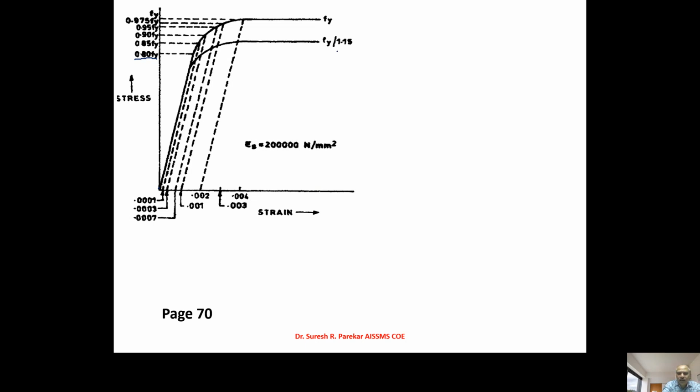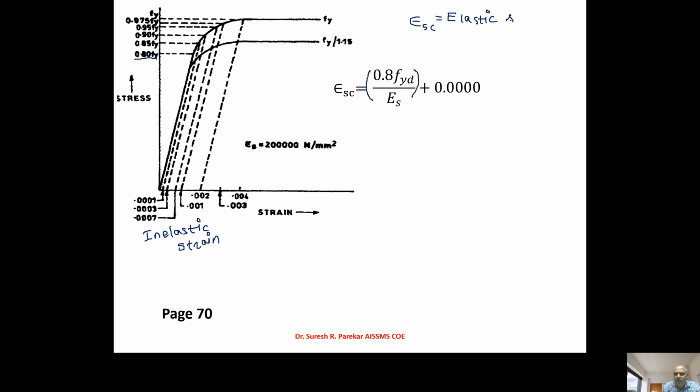So we will have this epsilon sc. Now we know strain is stress upon modulus of elasticity. Whatever is given in the diagram is inelastic strain. Total strain is elastic strain plus inelastic strain.